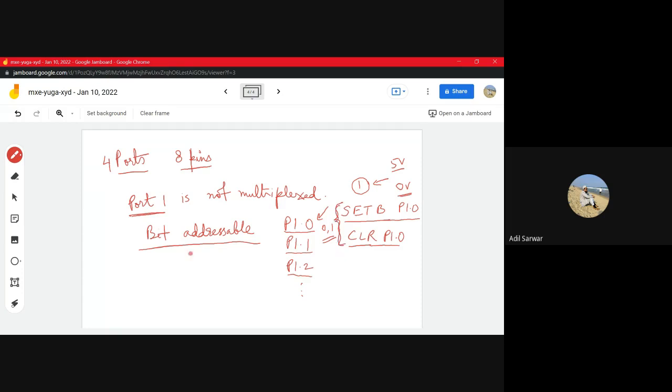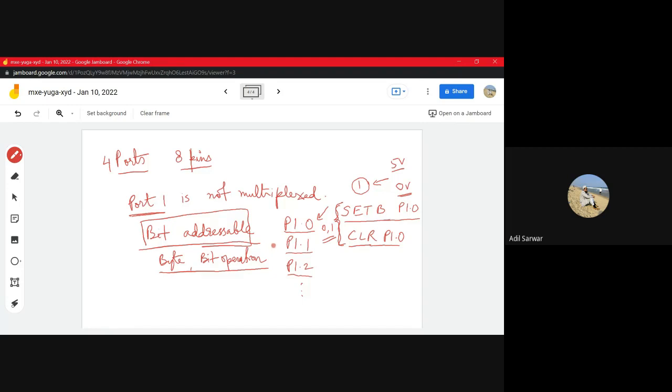So this is what is meant by bit addressable and bit programming. Byte operation is also possible in 8051, as well as bit operation.